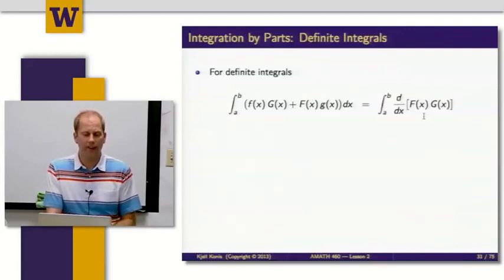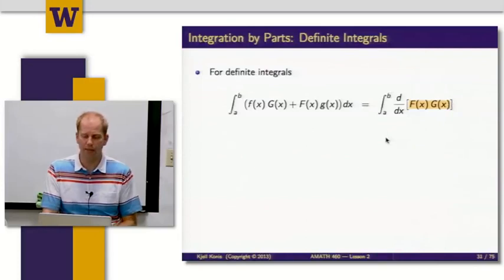So this is exactly the same setup that I had before. I have the derivative of capital F of x times capital G of x, and I'm going to integrate that over an interval a, b.